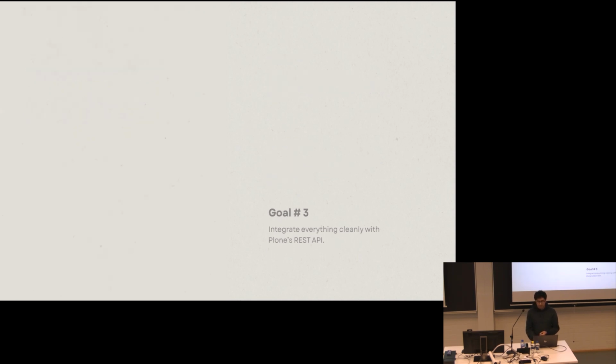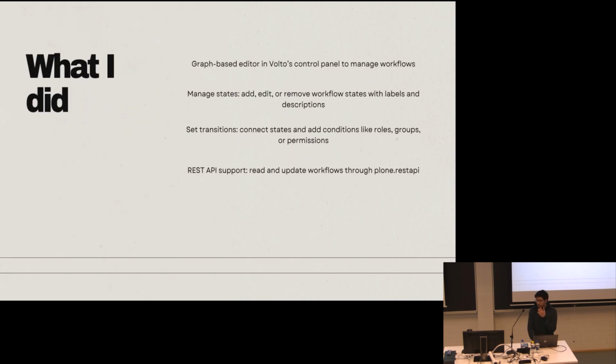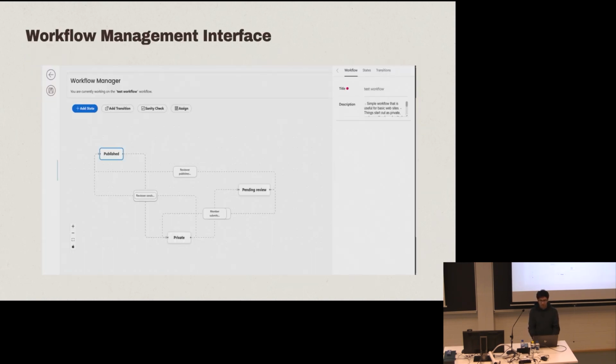Right. So you can create the new workflow using the editor which I have made. I will show you the demo in a second. This is how the UI looks right now.